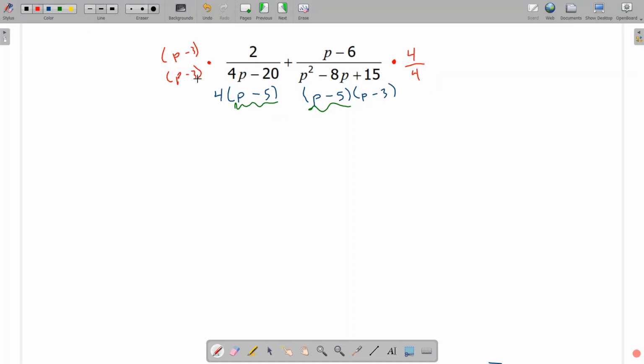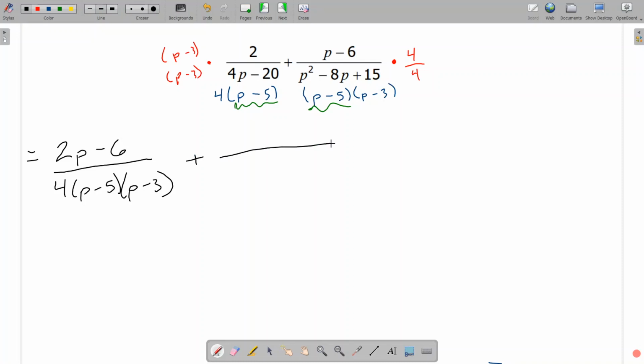So let's rewrite this out because I have made a massive mess here. Okay, so the left one, we're multiplying by P minus 3 in the numerator and denominator. So we would have 2P minus 6 all over, and remember I'm going to keep it in factored form, 4 times P minus 5 times P minus 3. Okay, we are adding these together.